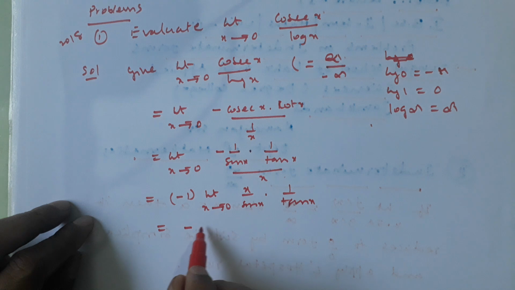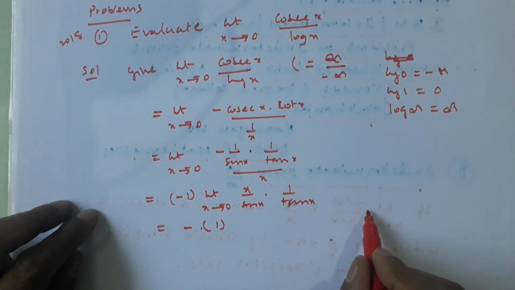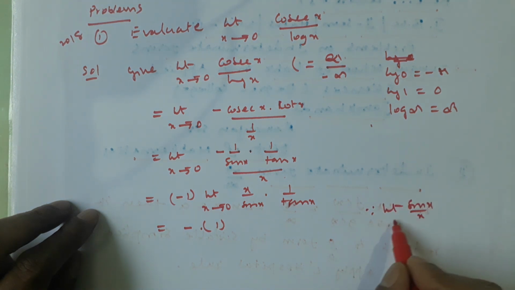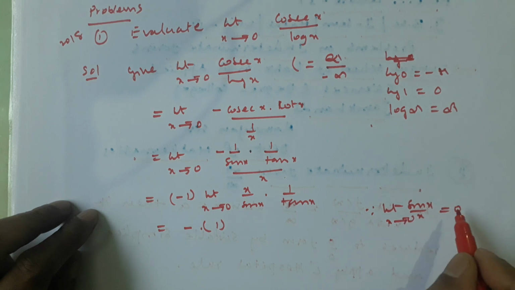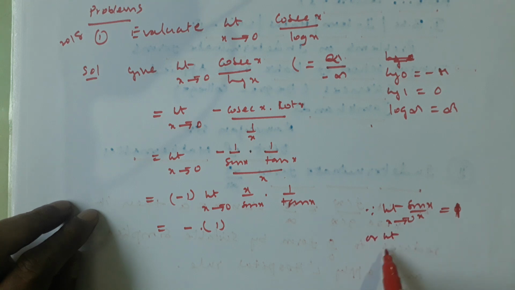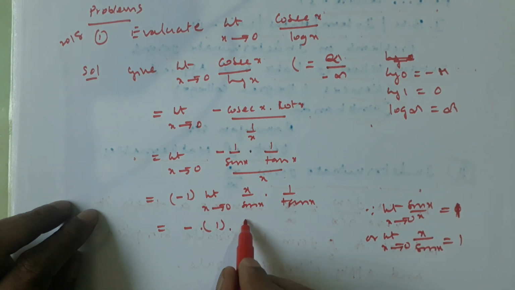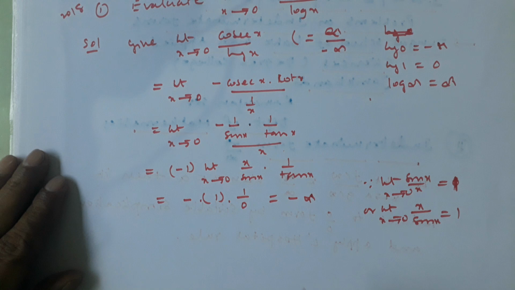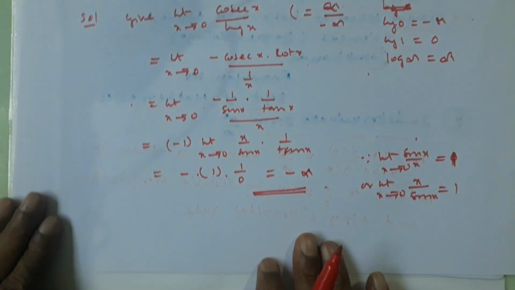This value is 1, since limit sin x by x as x tends to 0 is equal to 1, and also limit x by sin x is equal to 1. And 1 by tan 0 is infinity, so the limit value is minus infinity.